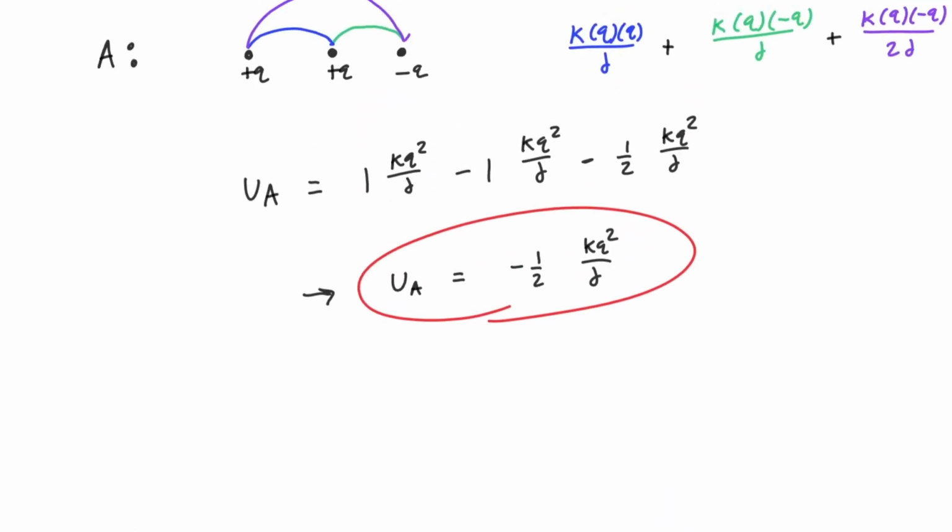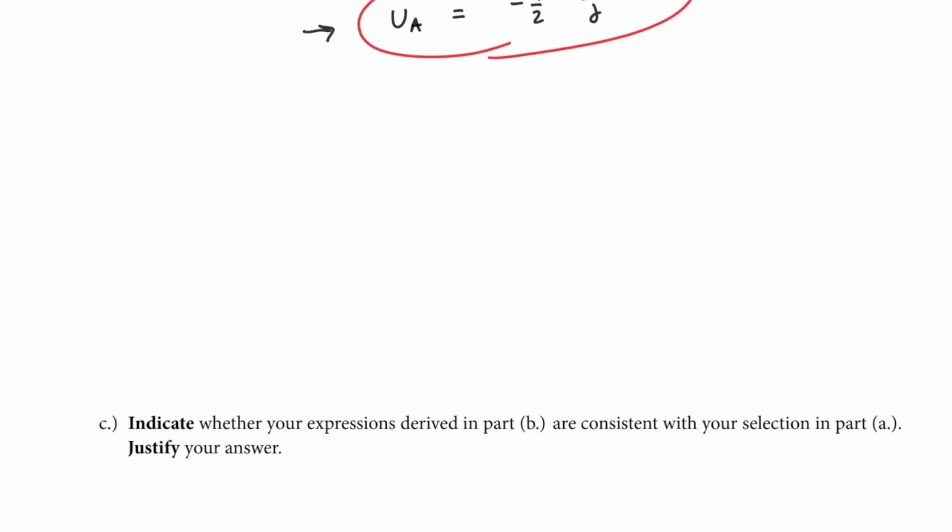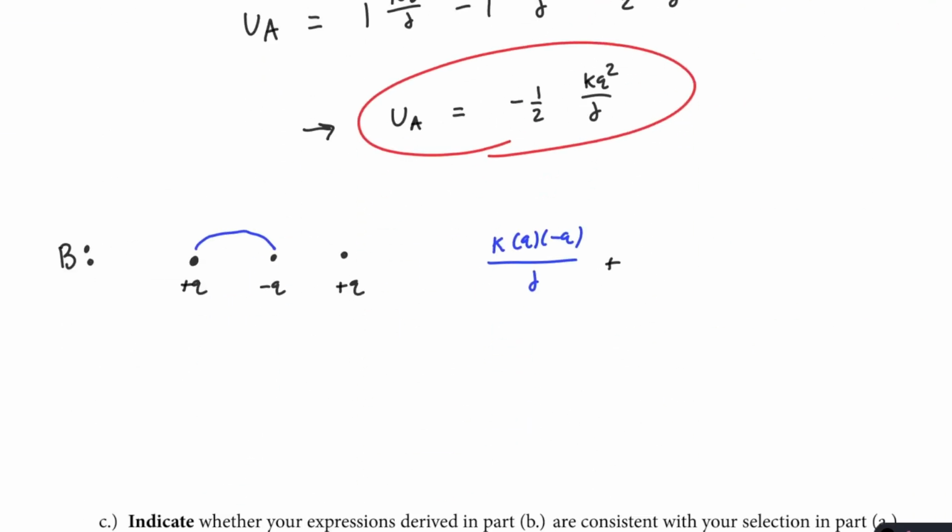All right. So now we'll just do the same technique for B. So for case B, very similar, except it was plus Q, minus Q, plus Q. All right, so blue contribution, we get a K, a Q, a minus Q, separated by 1 tick, D. Then for our green contribution, I need to go all the way up there.